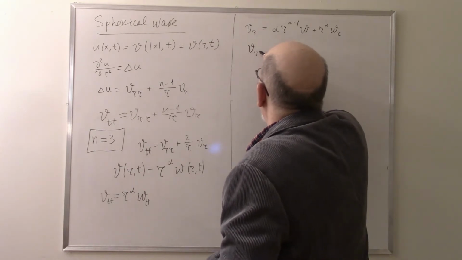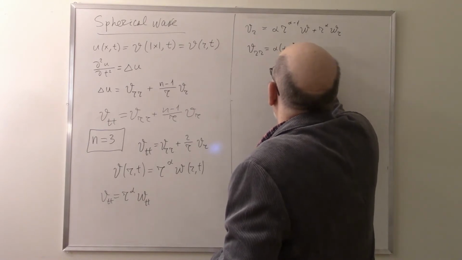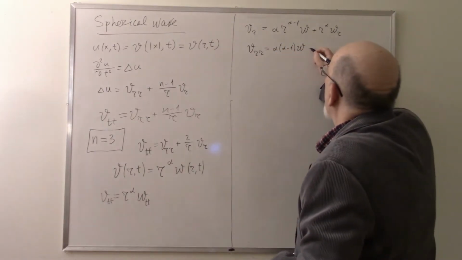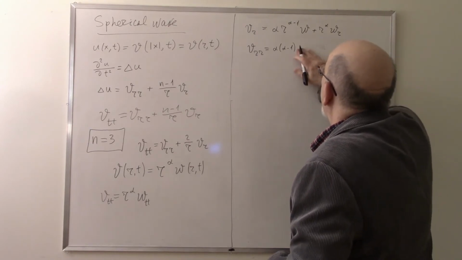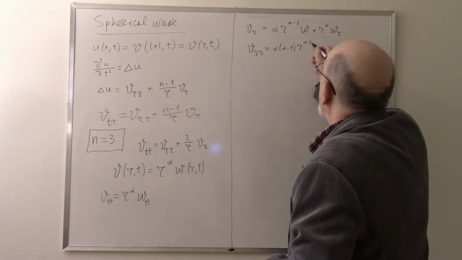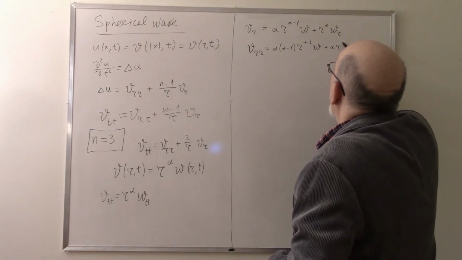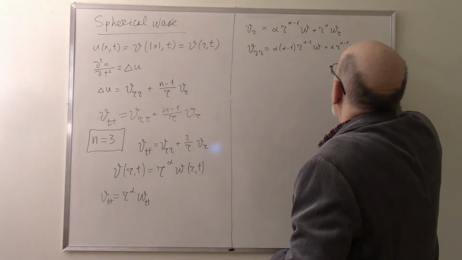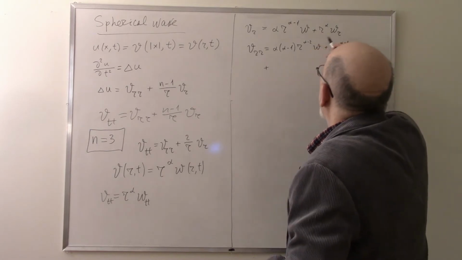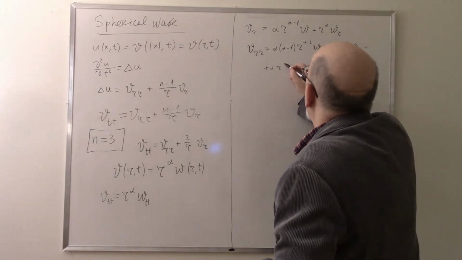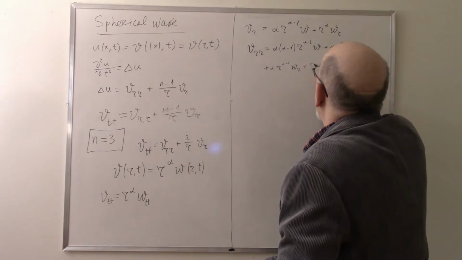V RR equals alpha minus 1 R alpha minus 2 W plus alpha R alpha minus 1 W R plus here again alpha R alpha minus 1 WR plus R alpha WRR.